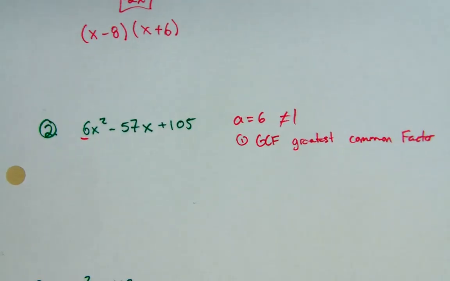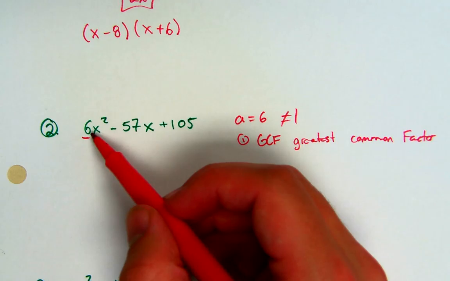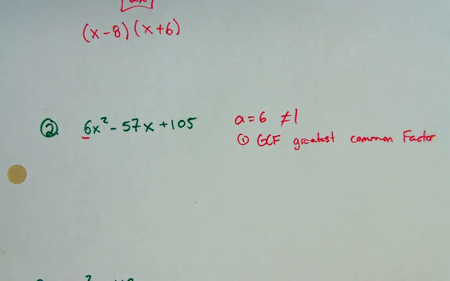So what that really means is try to divide the equation by something. Well, 6 can divide by 6. Well, I don't think that goes into 57. I should go ahead and try that. And it ends up that 6 does not go into 57. So 57 divided by 6 ends up being 9.5. So then that won't work.